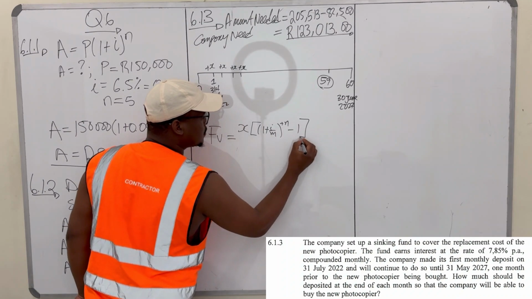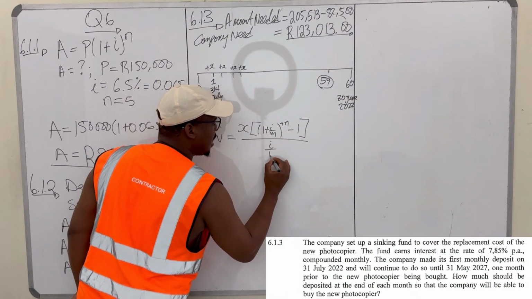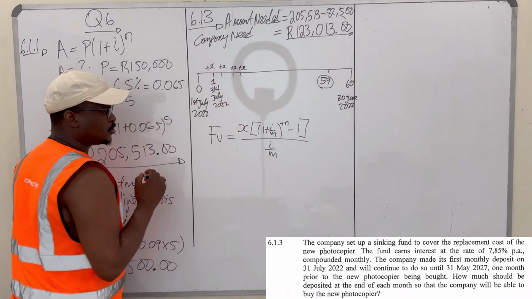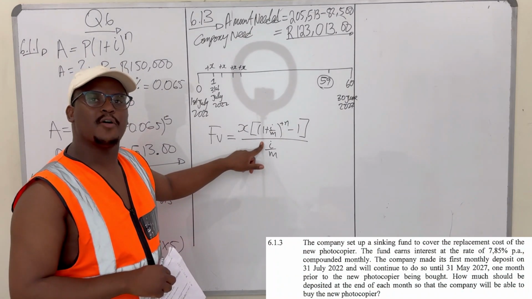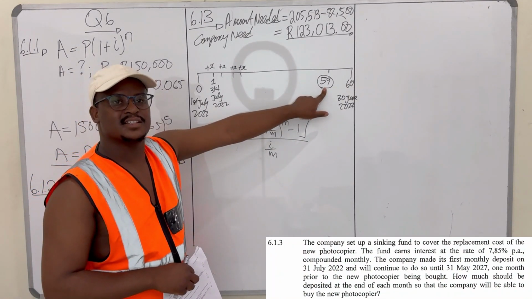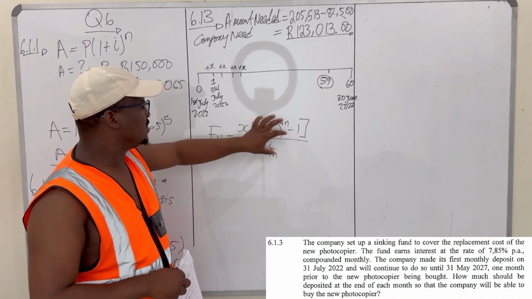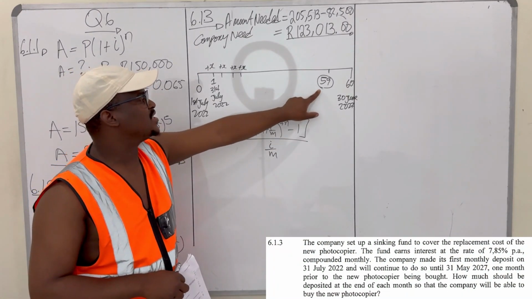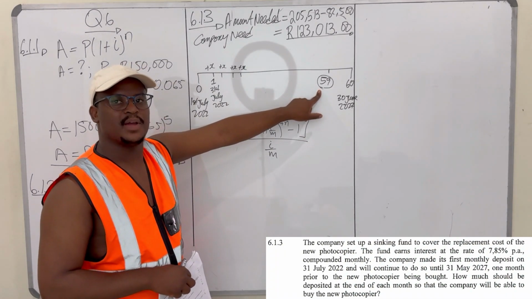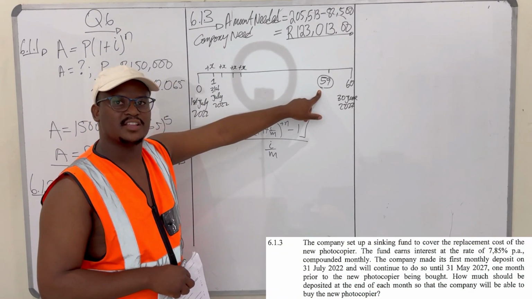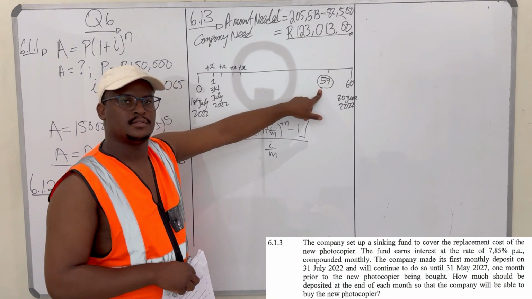Minus 1, or number of deposits, all over I over M. So, this is the number of deposits up until the last month, right? What you have here. These are the number of deposits up until the last month. Up until the last payment. That would be a better way of saying so. Up until the last payment or last month of deposit.